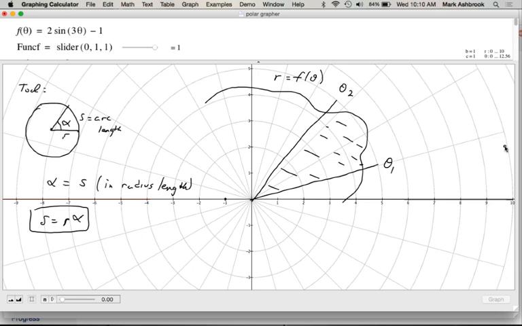What was our way of calculating an area? Right, so we want a bunch of little pieces, or a typical strip. So now what's a typical strip going to be like in polar coordinates?